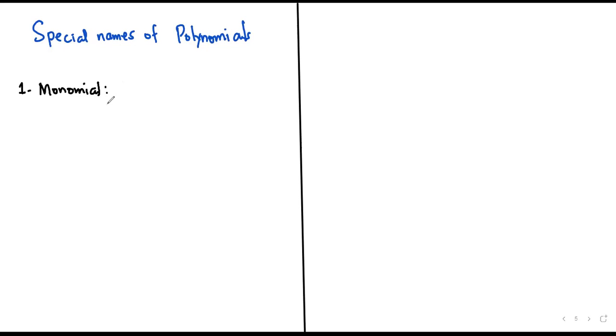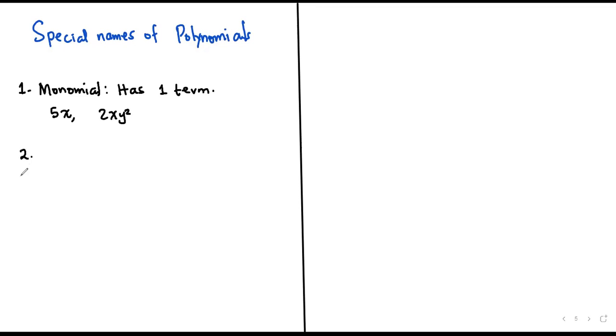So a monomial is a polynomial with one term. This polynomial has got one term. For instance, if we have, let's say, 5x, if we have, let's say, 2xy squared.